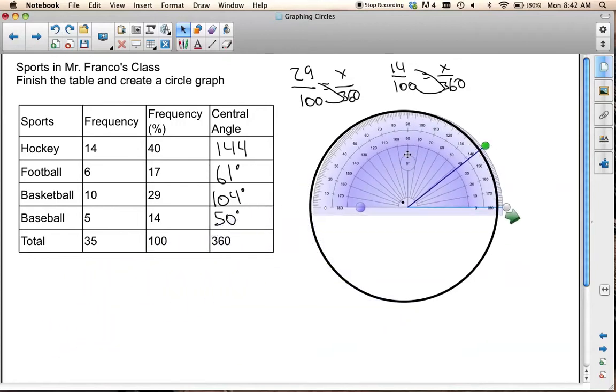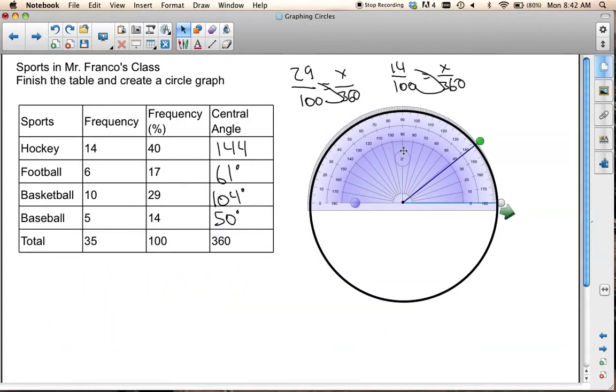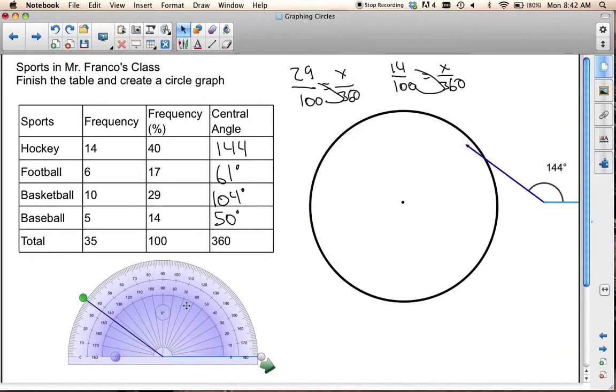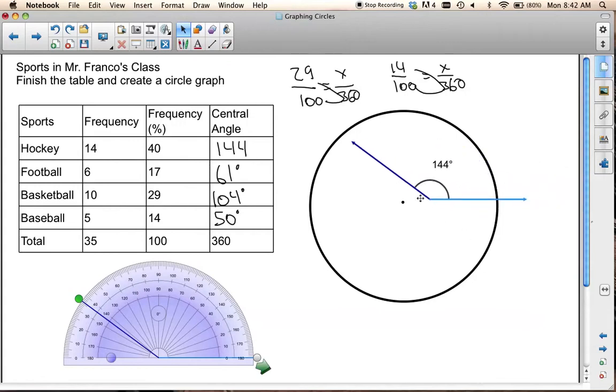So the first thing we need to do is make sure our compass lines up with the center of my graph. I'm like, alright, hockey, 144 degrees. So I need to find 144 degrees on my compass, which is right over here. Once I found it, I end up graphing it, and I'm like, all right, here's my 144 degrees.